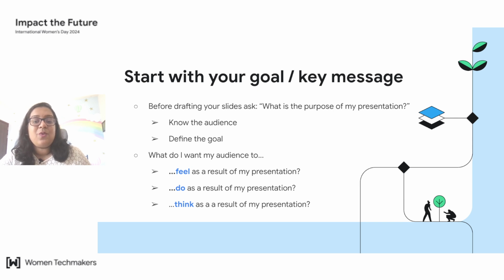Ask yourself, what do I want my audience to feel as a result of my presentation? What do I want the audience to do as a result of my presentation? And most importantly, what should my audience think as a result of my presentation? And that will also motivate us to create a clear call to action at the end of our presentation.